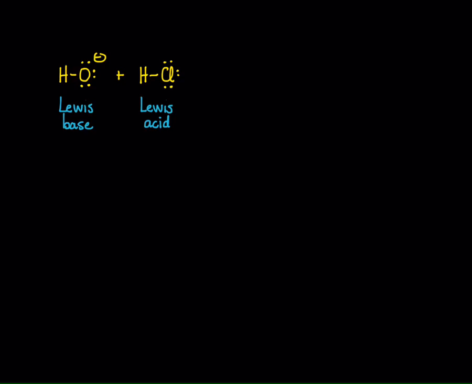Now, at this stage, we should know what's going to happen. We have a reaction where the Lewis base, the nucleophile, donates a pair of electrons to the Lewis acid, which is the electrophile. In that process, we have a non-bonding pair of electrons being donated into the sigma star antibonding orbital of HCl.